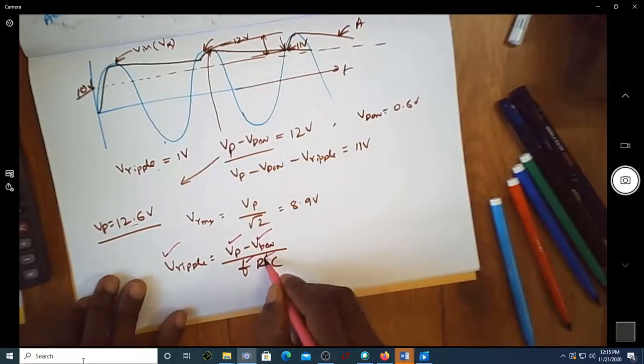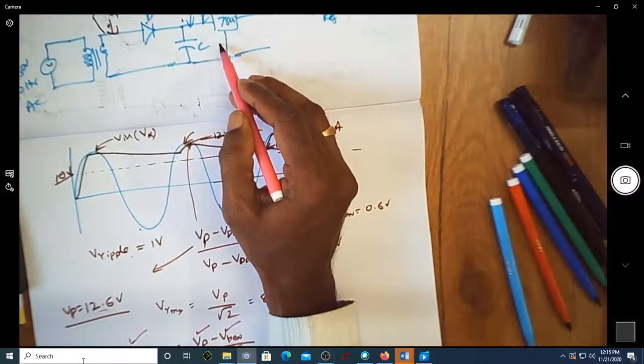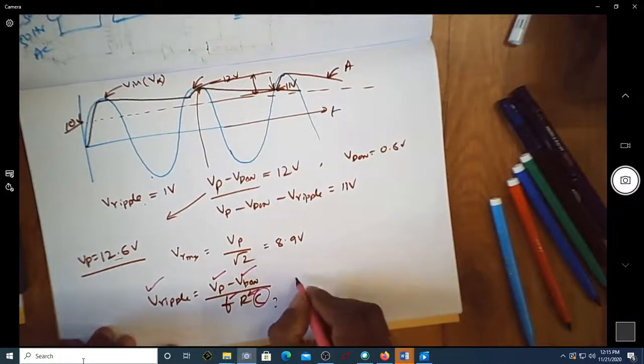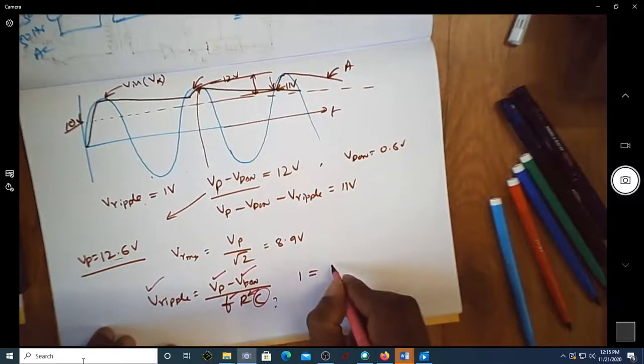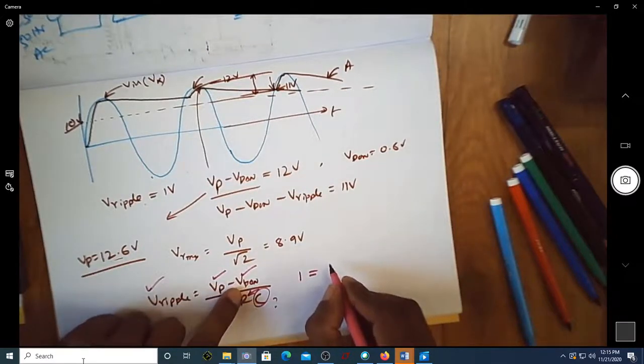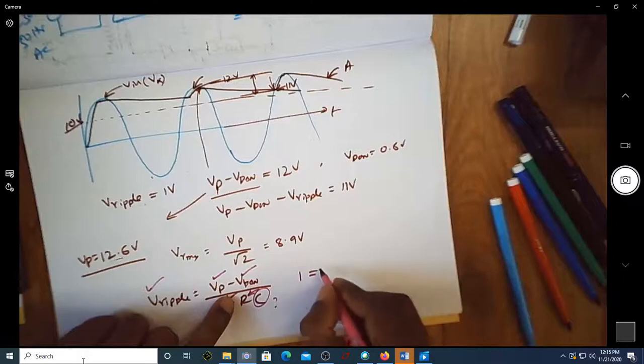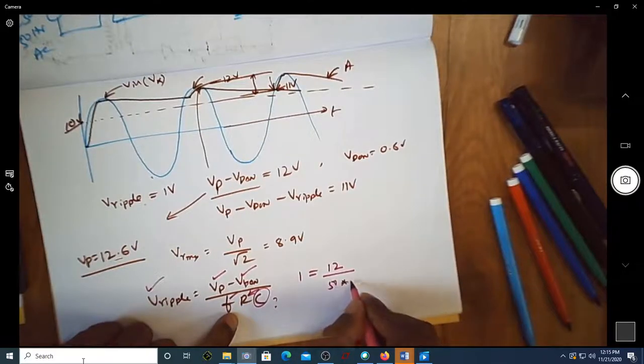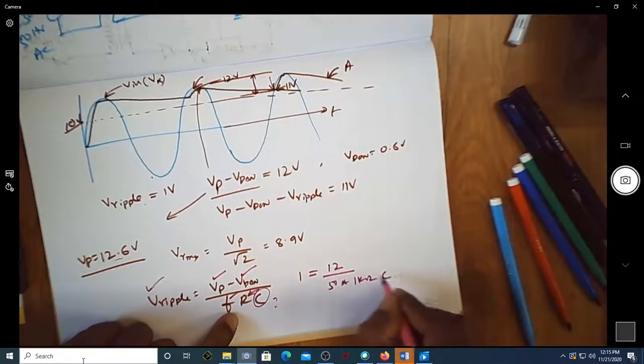We can assume the value of R, the input impedance, as around 1K. Then we can find the value of C. So 1 is equal to Vp minus Vd on, which is expected to be 12 volt, divided by 50 into R, which is 1 kilo ohm. Then you can find the value of C.